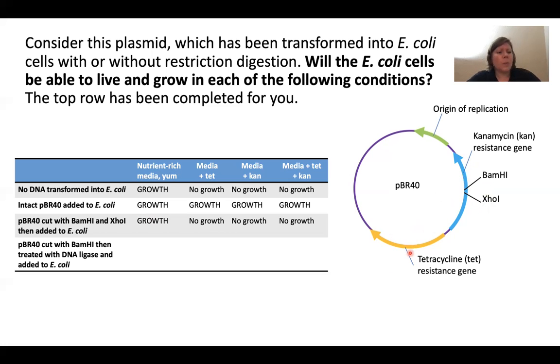All right, then let's think about what would happen if the plasmid were cut with BamHI and then treated with DNA ligase before PBR40 was added into the E. coli cells. You can pause the video now if you want to think about what would happen in this case.